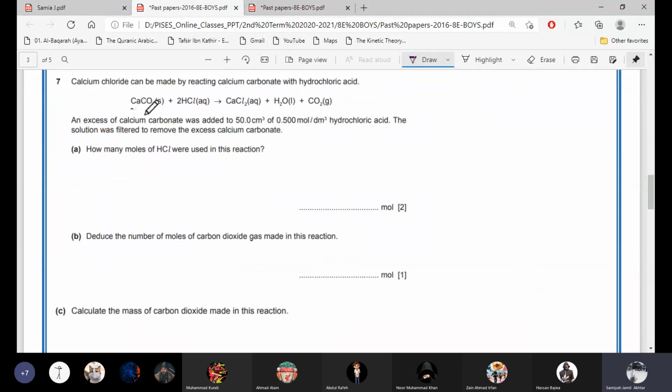So calcium carbonate plus acid: metal carbonate plus acid gives salt plus water. It's a neutralization reaction, but you will also get carbon dioxide because of the carbonate.